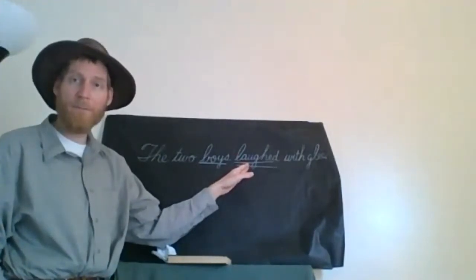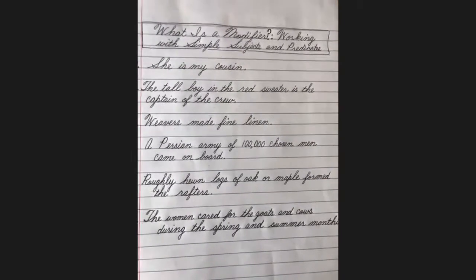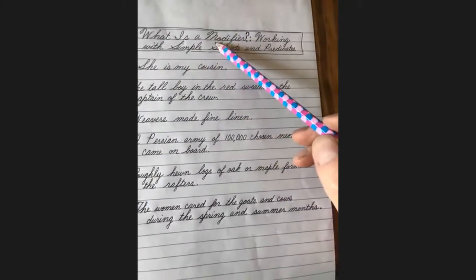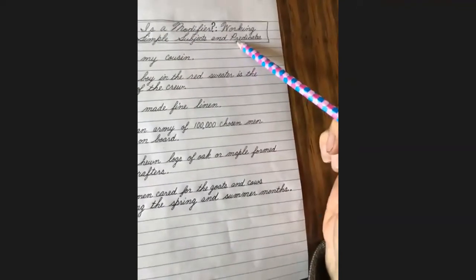Well, with the remaining moments that remain, let's take a peek at some sentences that I have written on a piece of paper. So let me show you what I'm talking about. So on my piece of paper, I have written at the top, what is a modifier? Working with simple subjects and predicates.